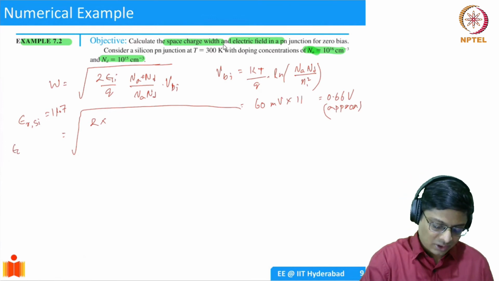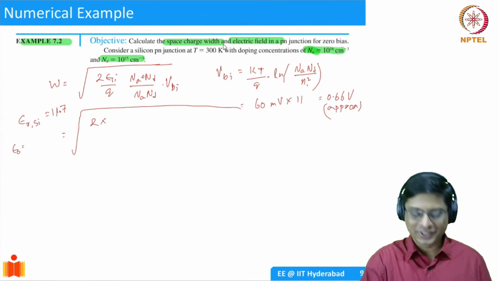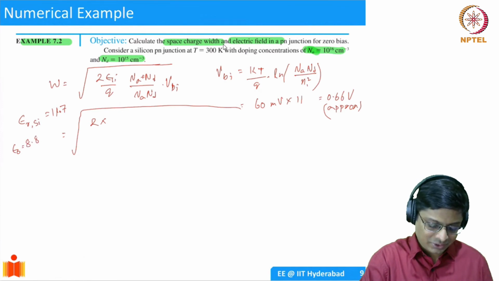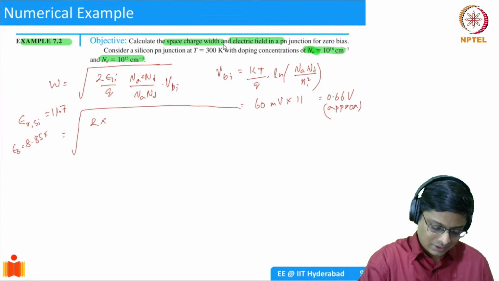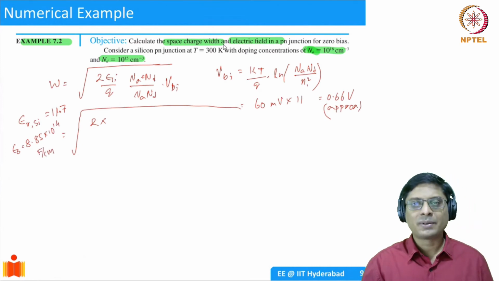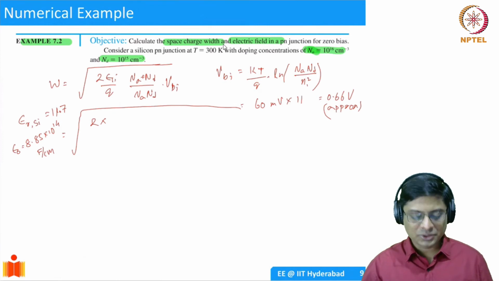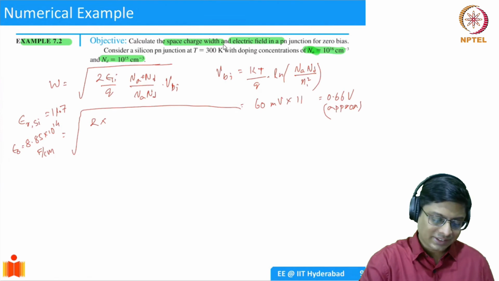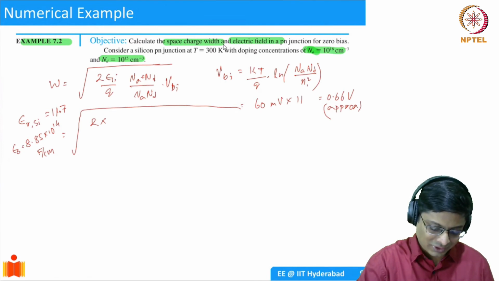And epsilon naught, in semiconductor physics the tradition is to use 10 power minus 14 farad per centimeter. Remember, we are using carrier concentrations in per centimeter. So even epsilon naught, we should use it in per centimeter. And that's why in semiconductor physics, most of the time you see that they use this expression into 10 power minus 14.